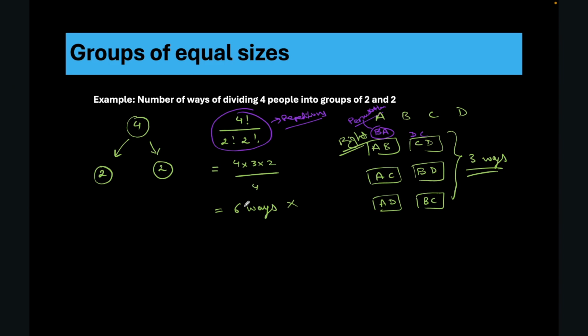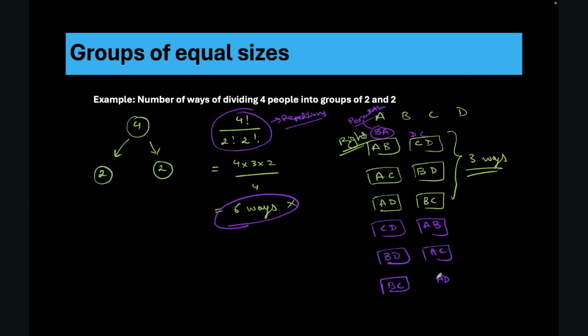Okay, so this method initially is accounting for the different order of grouping people. So in this situation, I have taken into account that I can have order of selecting of CD and AB, and then I can have BD selected first, followed by AC, or I can have BC selected first, followed by AD.